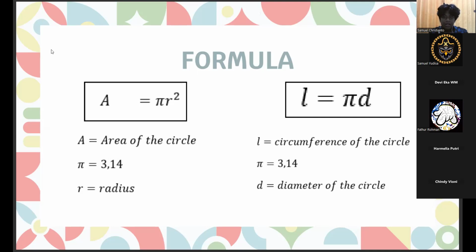Okay. So the right formula is the circumference of the circle. It's equal to pi times the diameter of the circle. So back to the previous page, please.